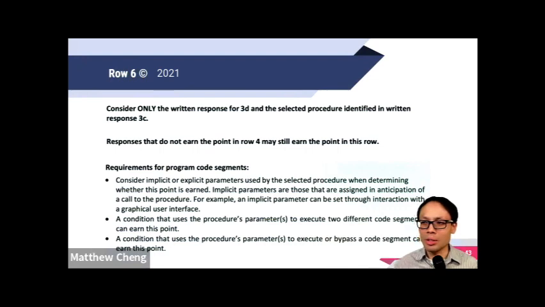Now, when I was reading for the College Board last year, and we were discussing this new rubric, I have to confess that I did not know what an implicit parameter was, and I'm like, are we talking about a global variable? And my table leader said, yes, an implicit parameter is a global variable.